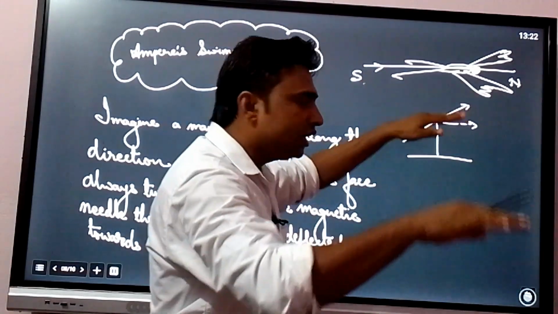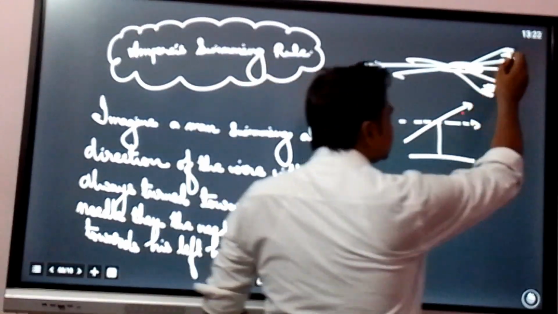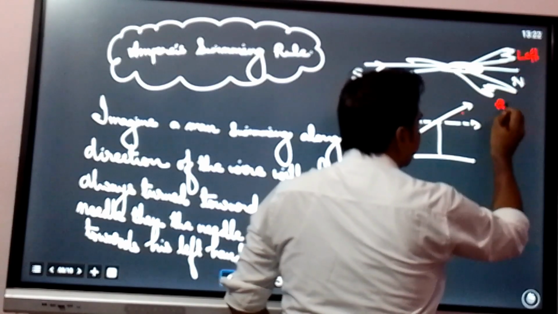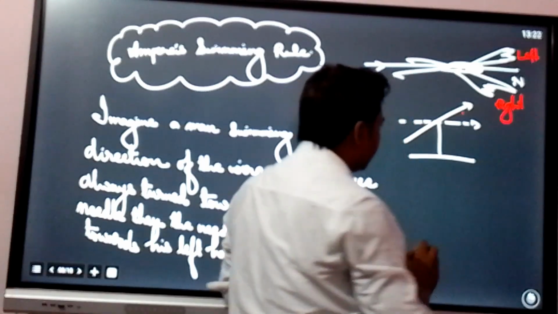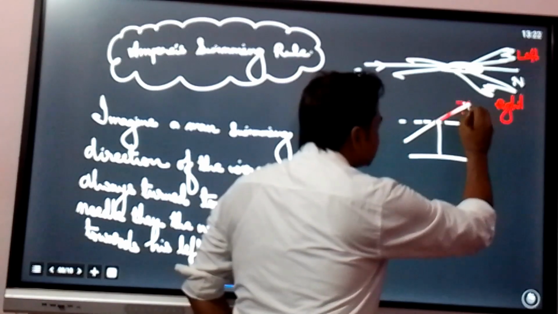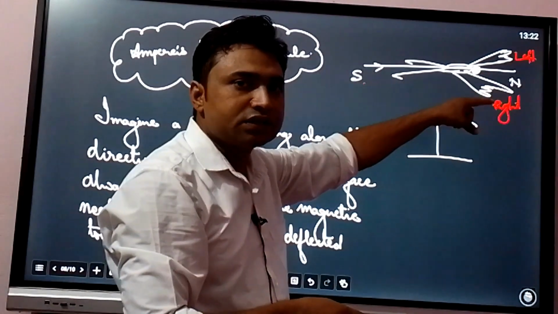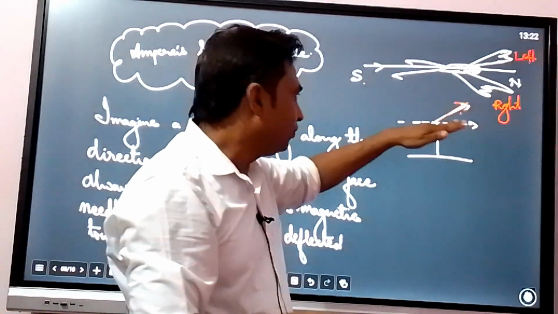When this person is swimming like this, this is his left hand and this is his right hand. The magnetic needle is getting shifted towards the left hand, meaning it is deflected towards the left hand. This is known as the Ampere swimming rule.